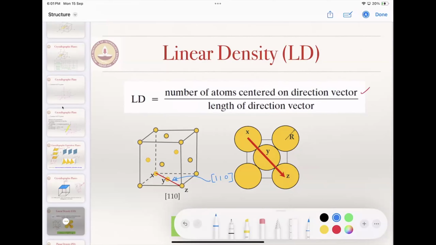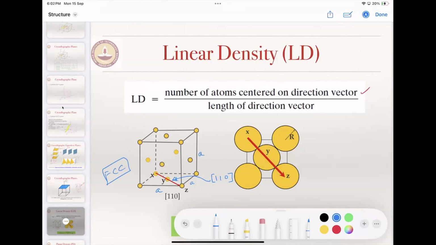Now, along that direction, we define something called linear density, meaning how many atoms effectively are centered on the direction vector divided by the length of the direction vector. If it is a cubic crystal, we know that this is equal to a and a. What type of a unit cell is this? FCC, face-centered cubic cell, right?